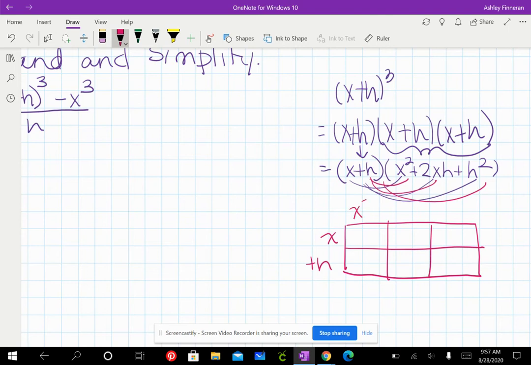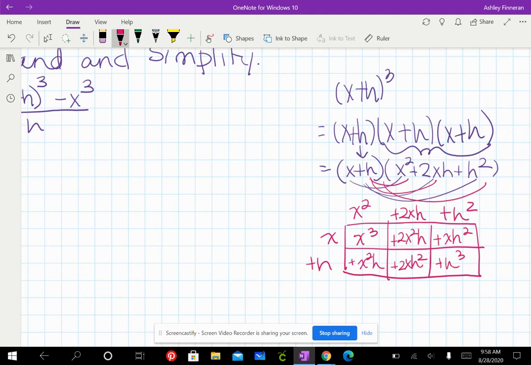That's your other option. And I will be honest, I don't care which option you choose whatsoever. It's whatever makes more sense to you. So x times x is x cubed plus 2x squared h plus xh squared plus x squared h plus 2xh squared plus h cubed.